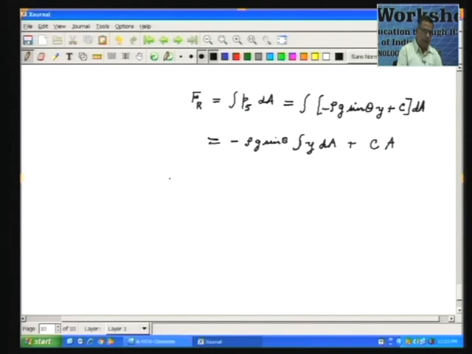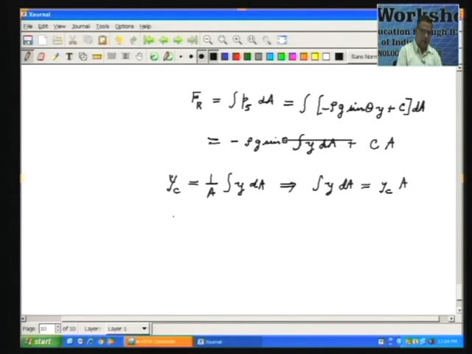Now, if you look at the y coordinate of the centroid, that is defined as 1 upon the area of the plate integral of y dA. So, using this I can express integral of y dA as y c, which is the y coordinate of the centroid, into the area.